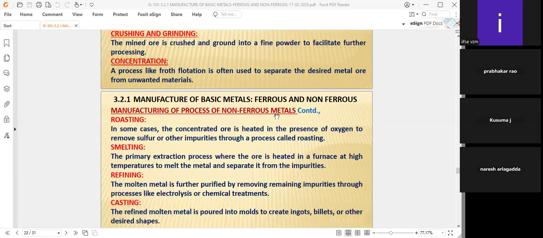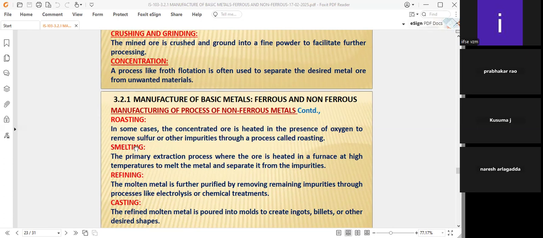Continued here is roasting. In some cases, for the concentration of ore, one is flotation, the second one is roasting. The concentration of ore is heated in the presence of oxygen to remove sulfur or other impurities through the process called roasting. Very important, roasting and smelting.